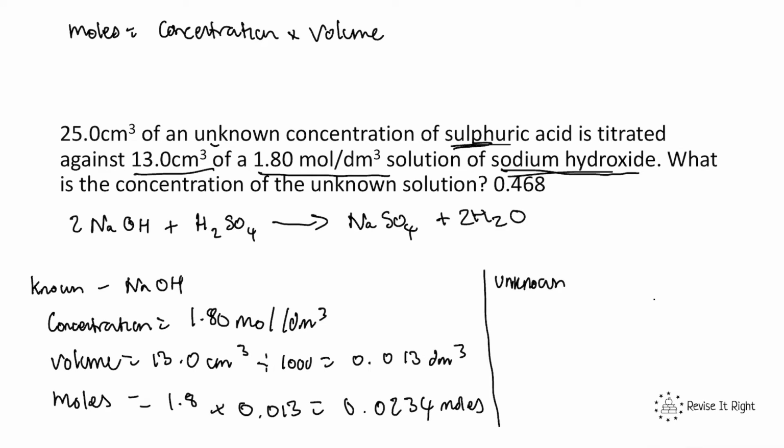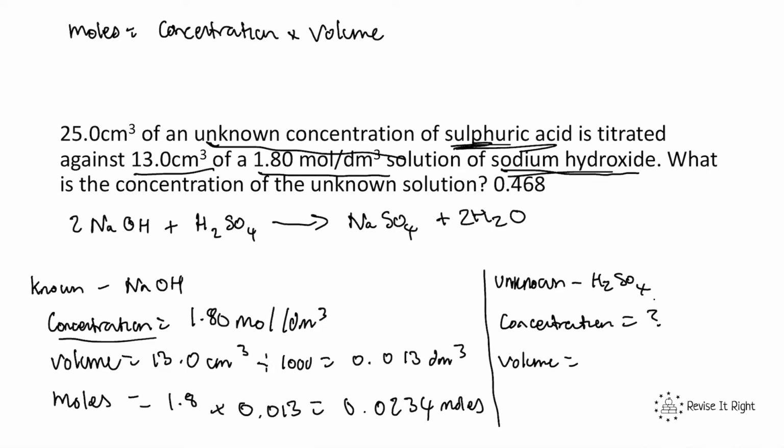The unknown is sulfuric acid, which is H2SO4. So that's what we're trying to work out the concentration for. It's an unknown concentration. So we're going to write concentration, and next to that we're going to write a question mark because that's unknown. Then the volume, if we go to our question, is 25 centimeters cubed.